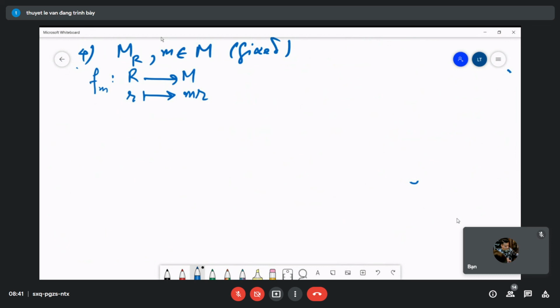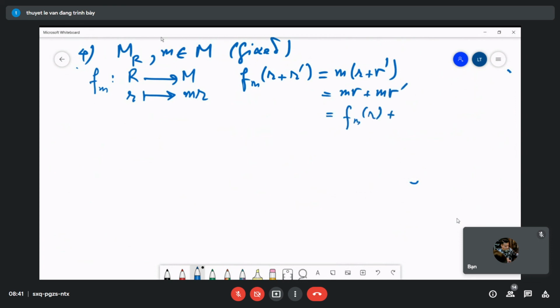that it is homomorphic, because F_m of R plus R prime is equal to M(R plus R prime), and that is equal to MR plus MR prime, and that is equal to F_m(R) plus F_m(R prime). And F_m of R and then R prime is equal to MR. No, MR, sorry.